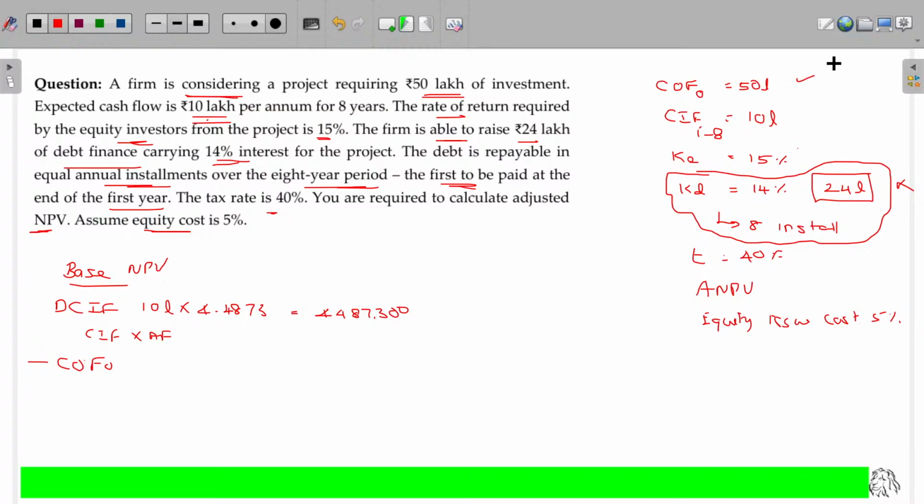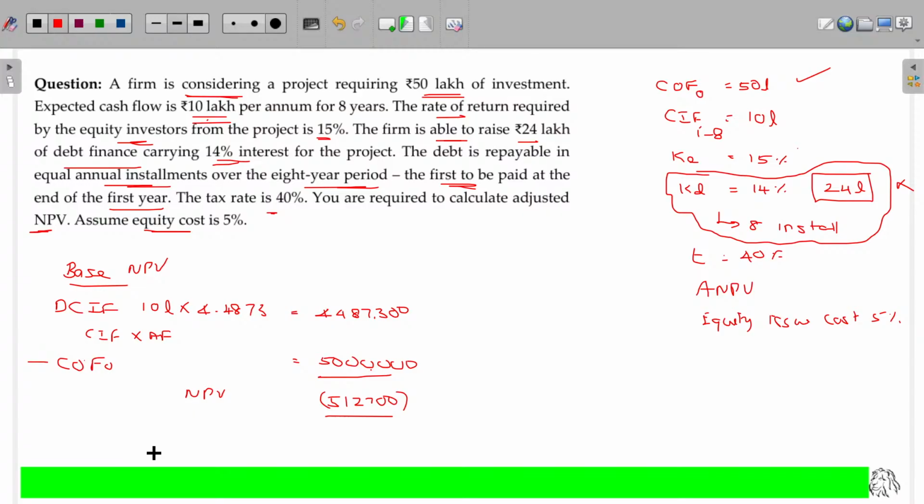How much do you have to invest? 50 lakhs. So your inflow is lesser. Your NPV in this case is 5 lakhs 12,700 negative. This is called base NPV. If you raise the full required fund only by issuing equity shares, this is your NPV.